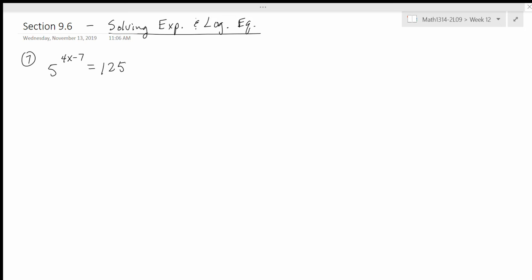The first method that we're going to cover is called the method of common bases. Do y'all want to write that down? This technique that I'm about to demonstrate, it's called the method of common bases. And so here's how it works.